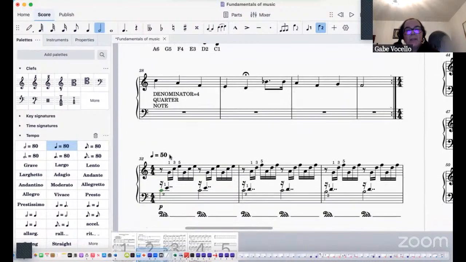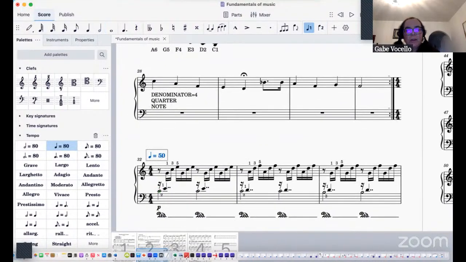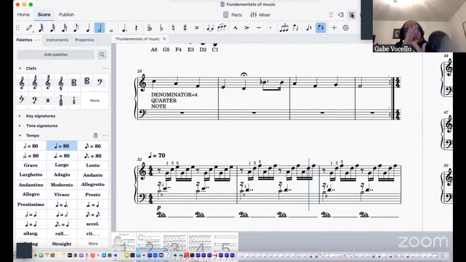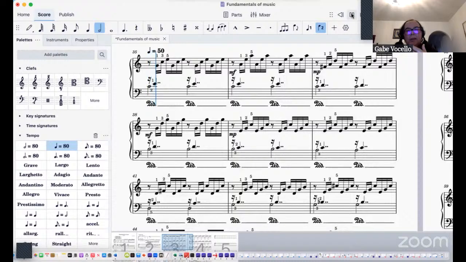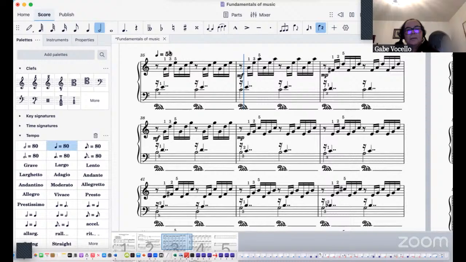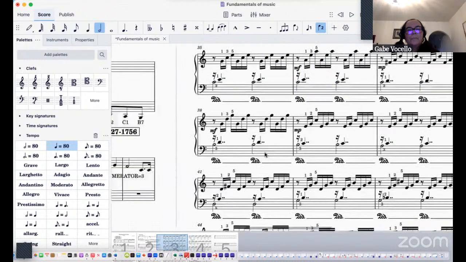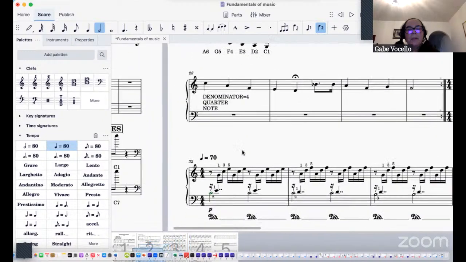Now let's raise that BPM, just for the sake of it. Now let's find the quarter note, ready? Now I'm going to raise the BPM here.